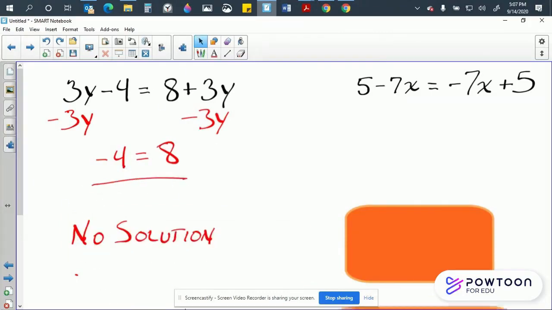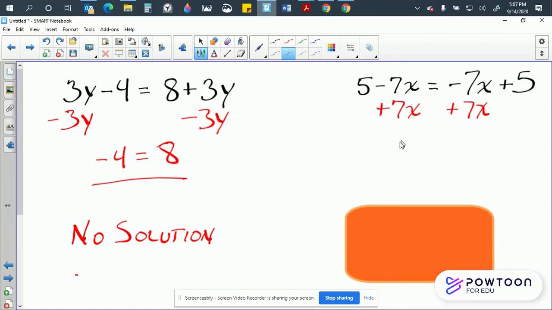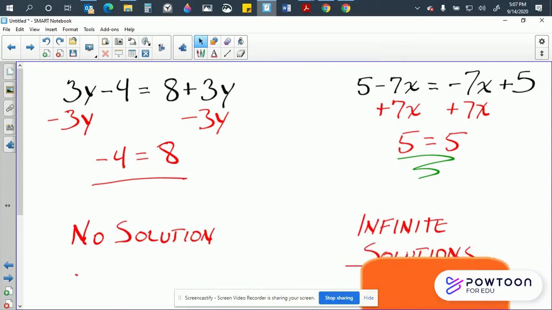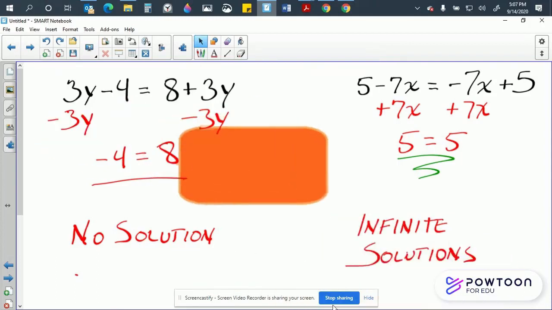So in this case, we have no solution. Now on this equation over here, when we add 7x to both sides, we're left with 5 equals 5. In this case, that equation is true. 5 does equal 5. So our solution in this case is infinite solutions.